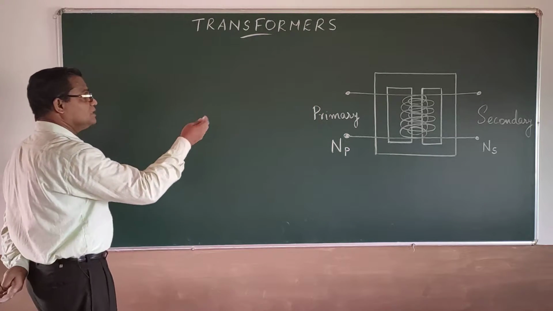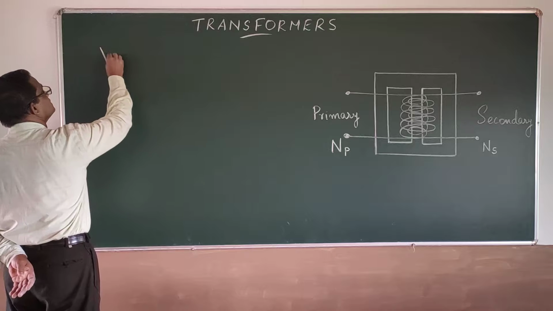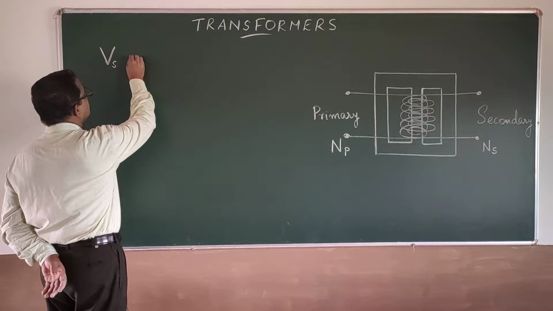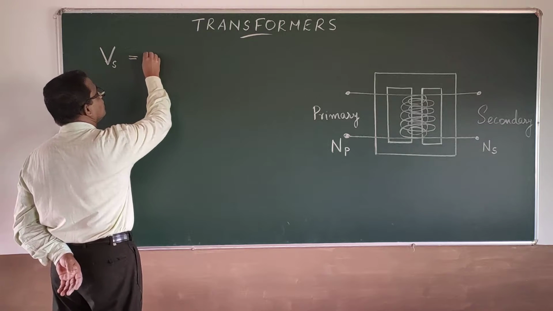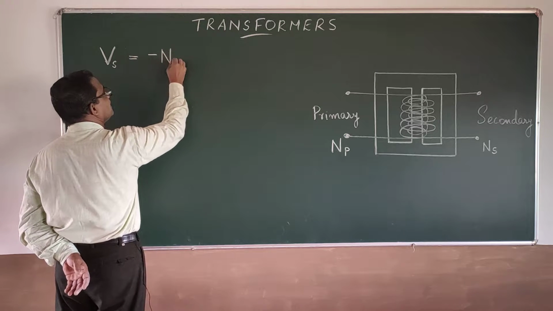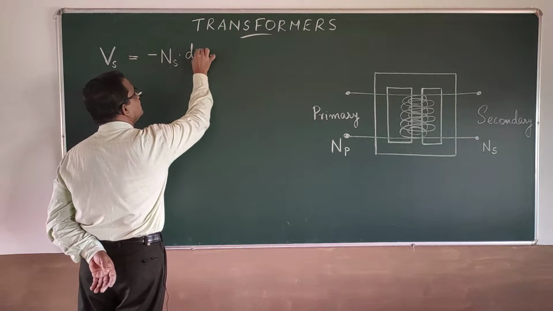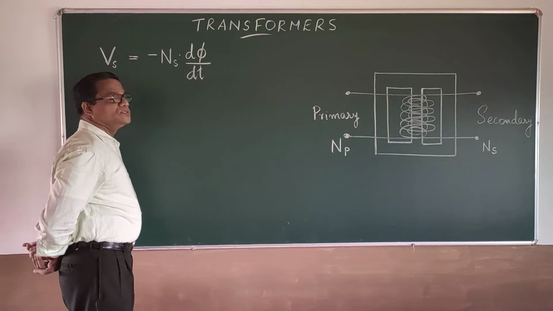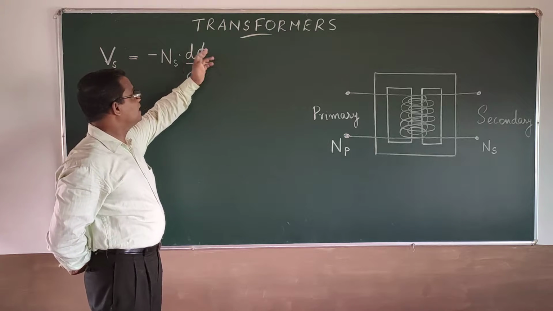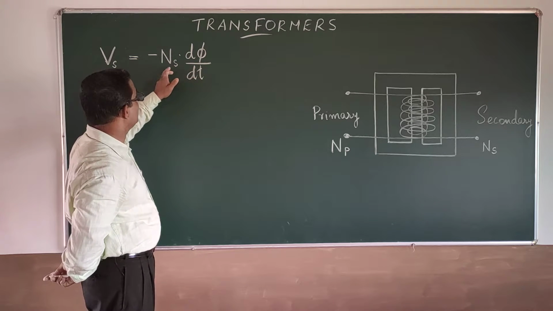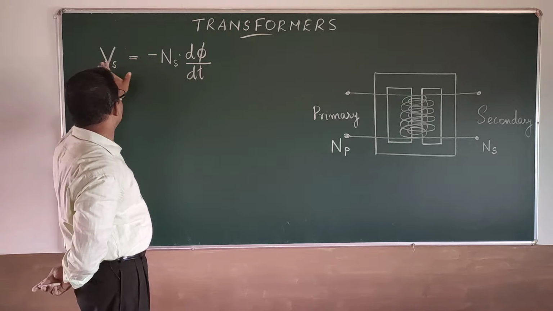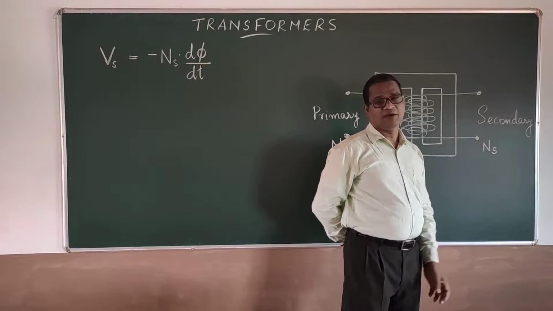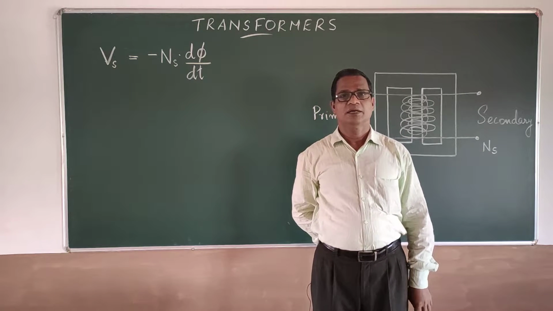Therefore, the secondary voltage Vs, it's an induced voltage, will be equal to minus Ns into d phi by dt. So this is the flux linkage, and rate of change of flux for that Ns number of turns will produce a voltage, that is the secondary voltage. Understood?